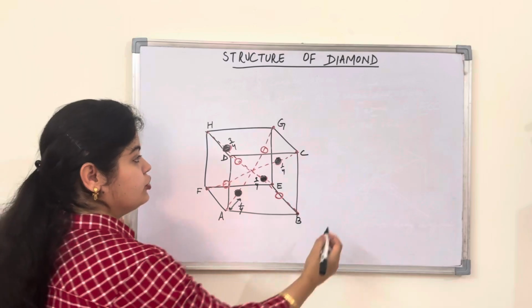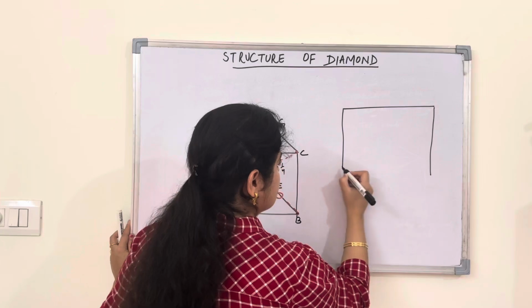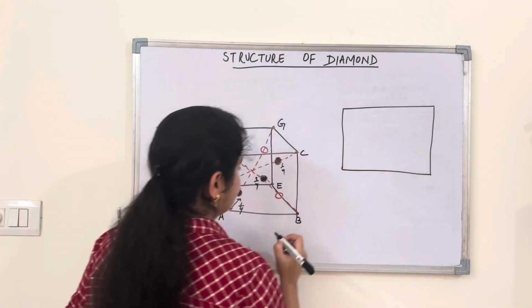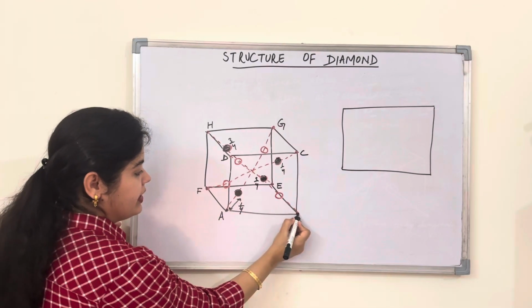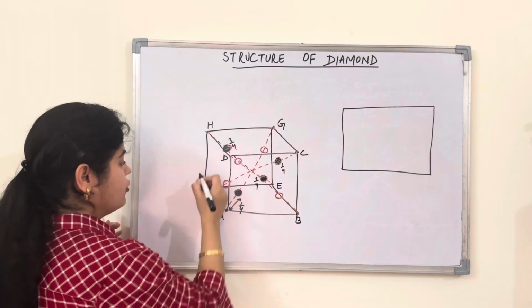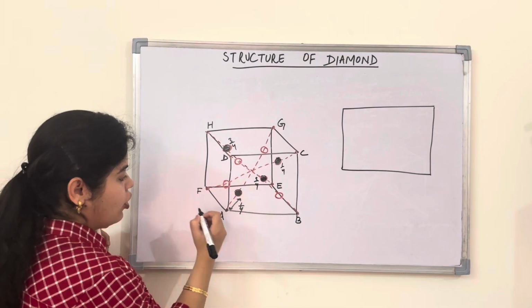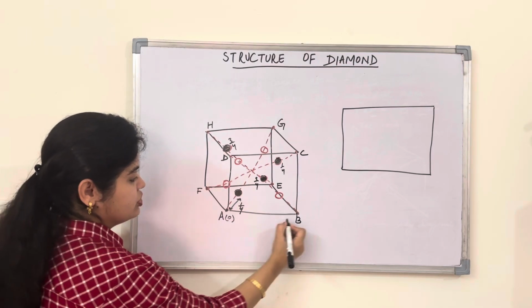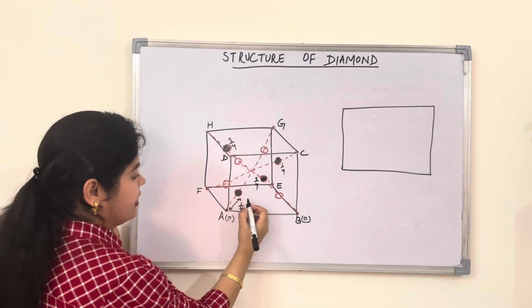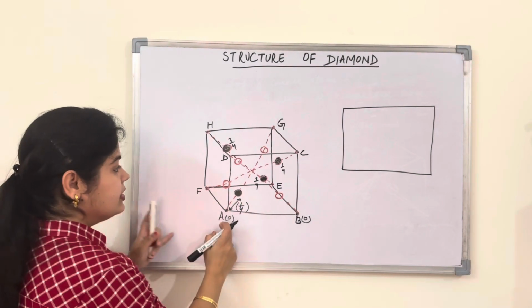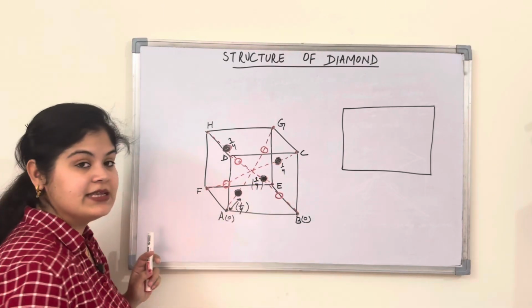So now to draw the 2-dimensional picture of this one face. If I draw one face, then in this lattice, I also have corner atoms at all the 8 corners and the face centered atoms also. So if I say that the corner atoms are located at the 0 position and these tetrahedral void atoms are located at 1 by 4 position, these ones are located at 3 by 4 positions, then where will be my face centered atoms?